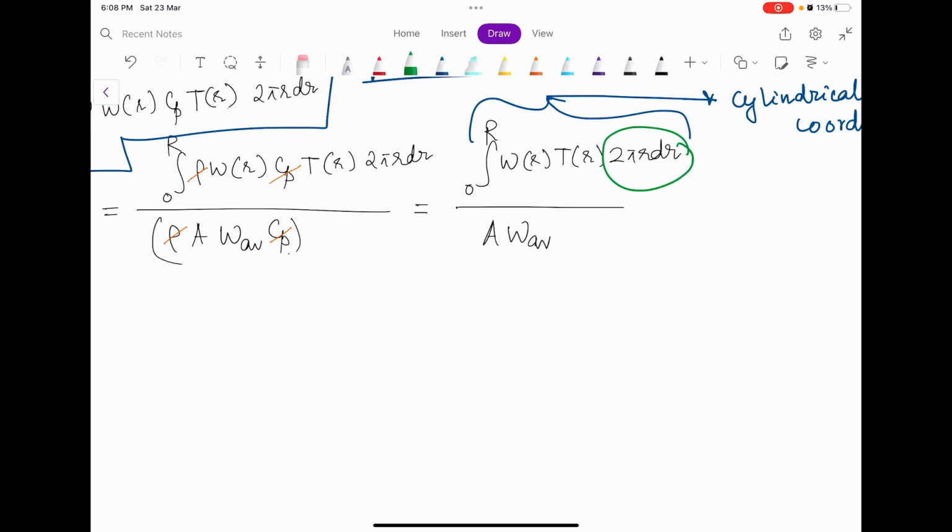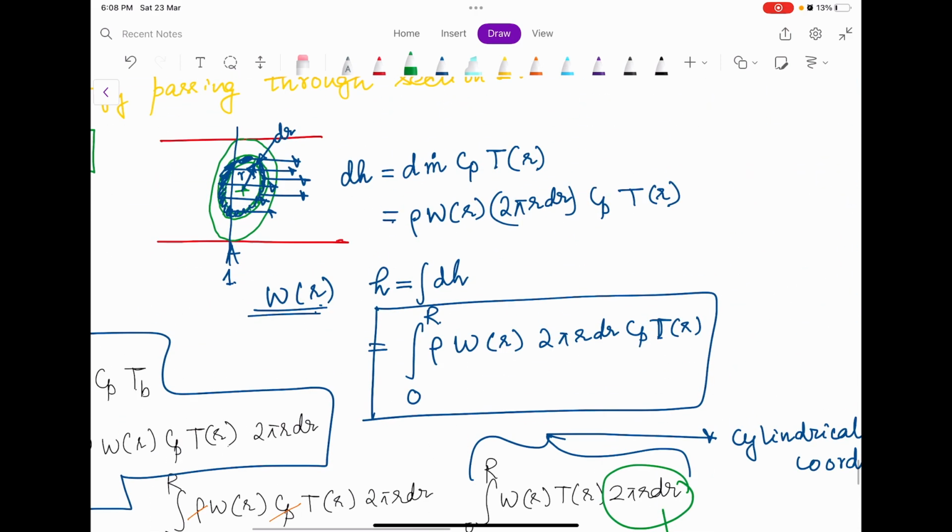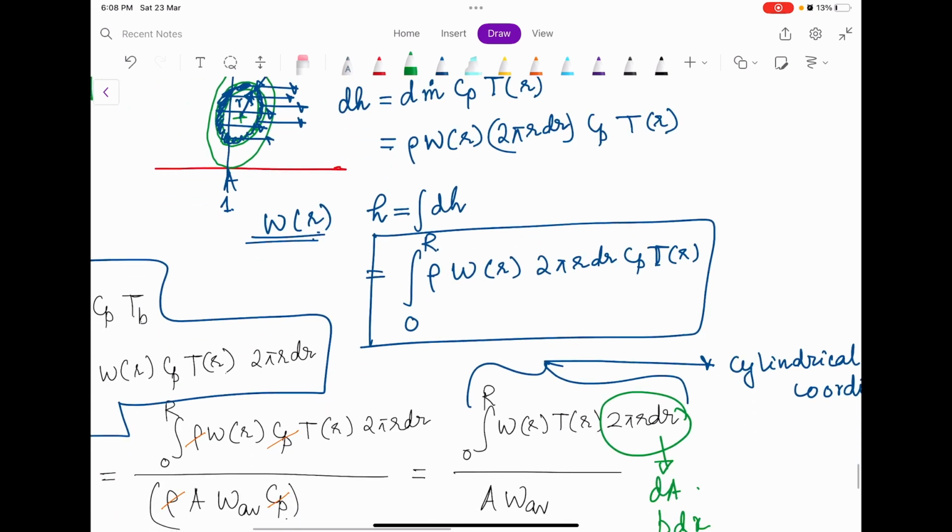So this 2 pi r dr here is nothing but the area dA. So in the Cartesian coordinate this will be b dx, where b is the width of the parallel plates. I think this is clear, because I have already told you the answer, you don't have to think now also.